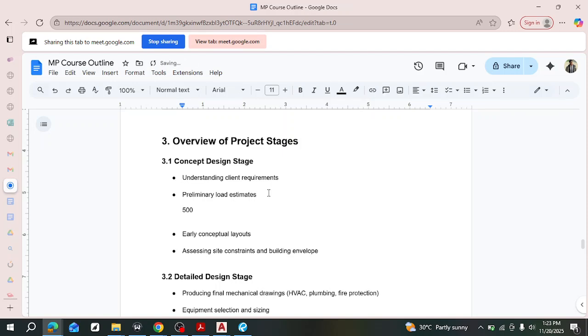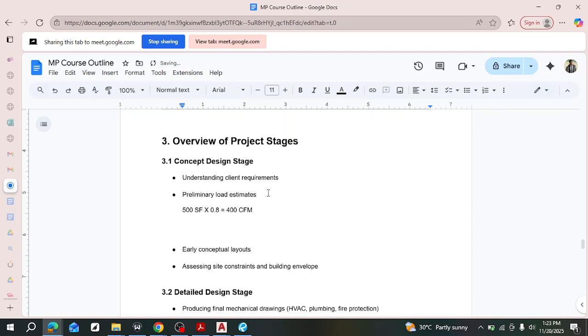That space that has 500 times 0.8 equals 400 CFM. Now 400 CFM makes 1 ton.